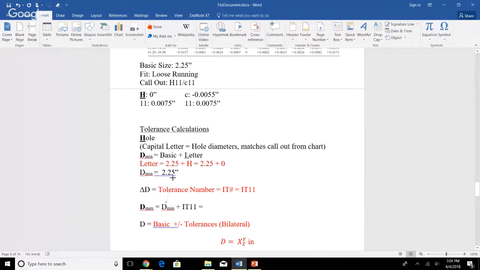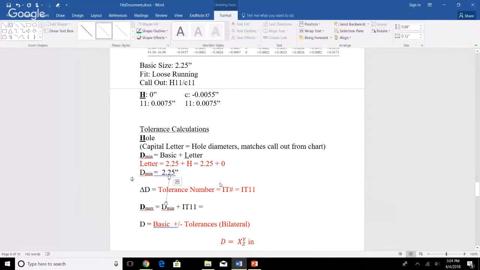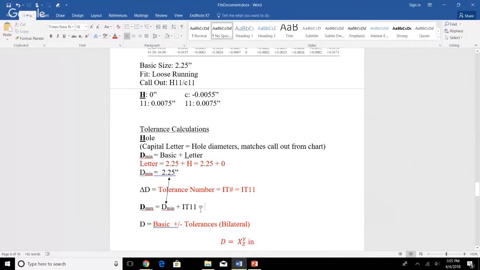So we'll go ahead and write this up there. Our D minimum was from right up here. I'll give you an arrow to show you where I'm getting that number from. In this particular case, the D minimum is equal to our basic dimension. However, that will not always be the case, so you always have to calculate the D minimum before moving on to the maximum diameter.